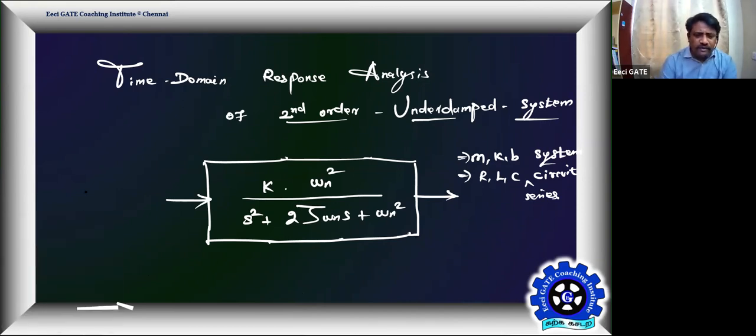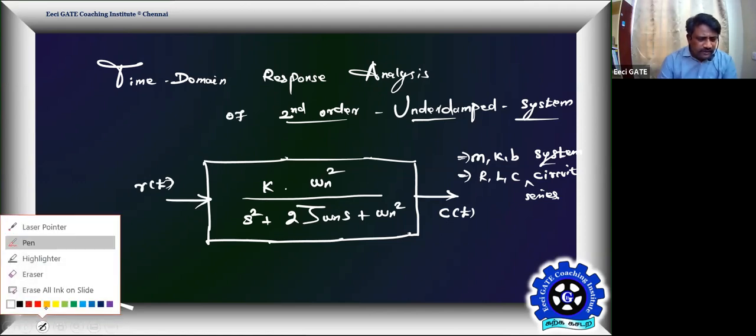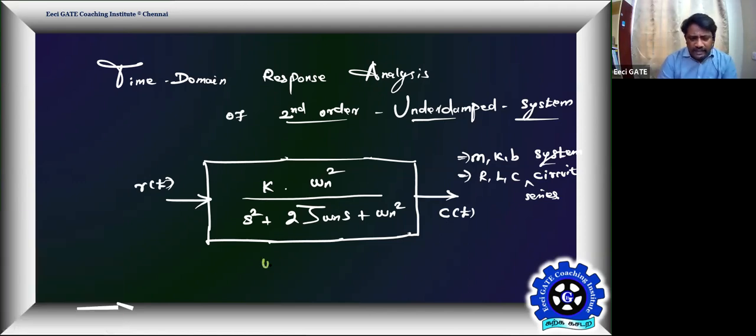This is just a revision of what we have done in unit number 1. New students, take this for granted; you'll be going through unit 1 in parallel through the video lectures. So omega n, as already given, is the natural frequency of oscillations, in radian per second.